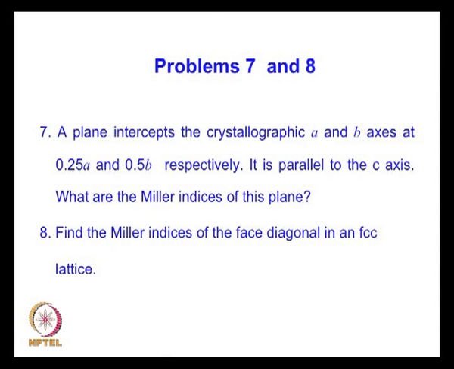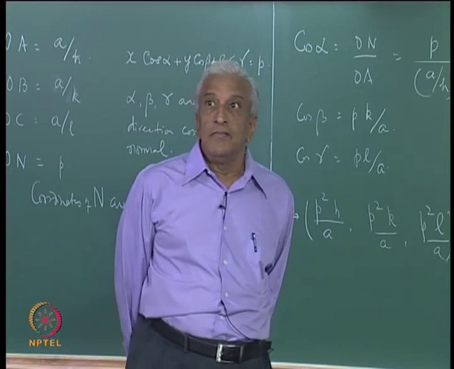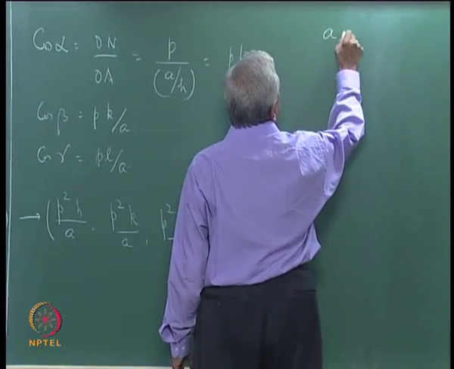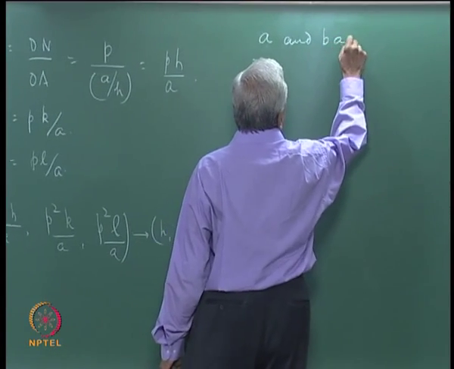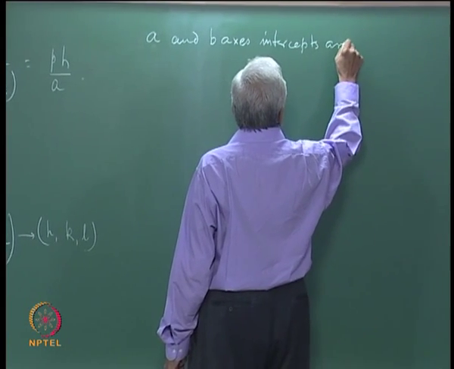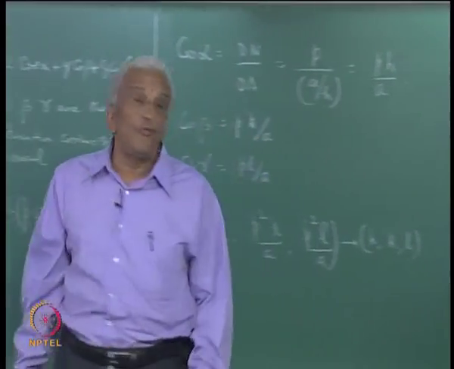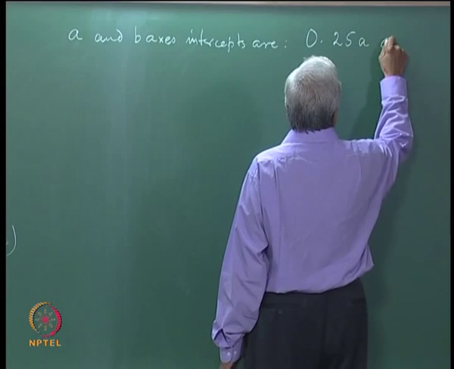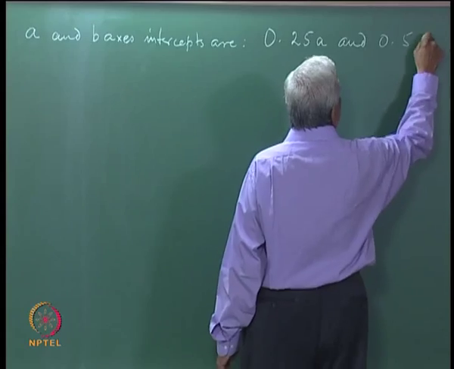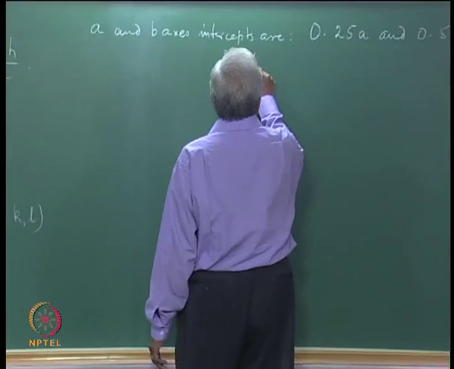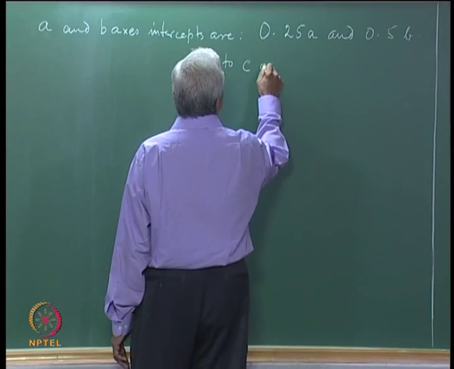The next problem is to find the Miller indices of a plane which intercepts the crystallographic a and b axes at 0.25a and 0.5b, and it is also parallel to the c axis.